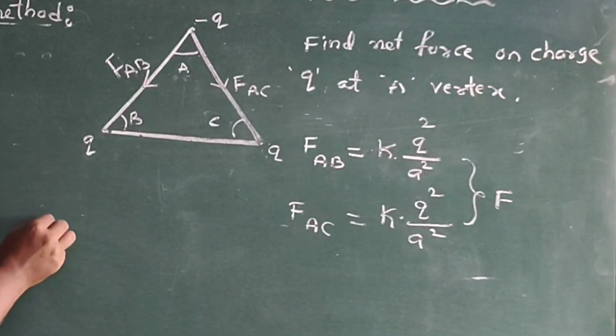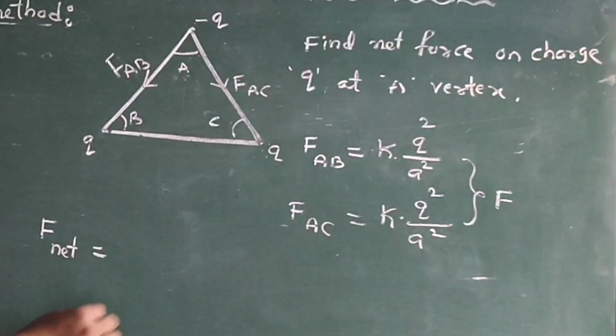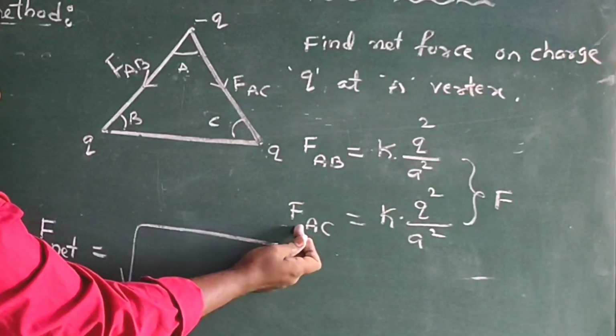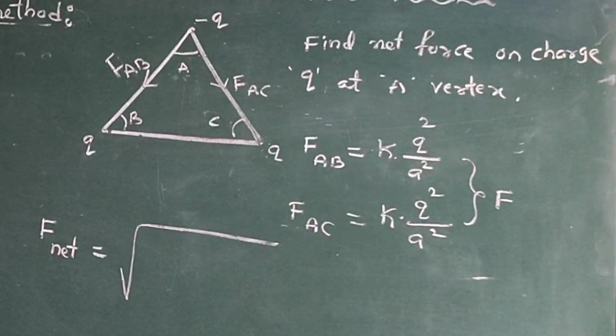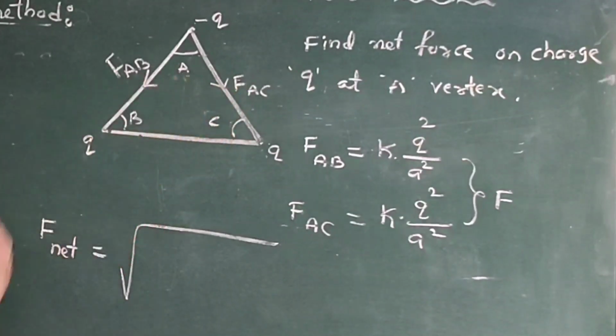Therefore, the net force due to charge B and charge C is root over FAB whole square plus FAC whole square plus 2 FAB into FAC into cos of the angle between FAB and FAC.